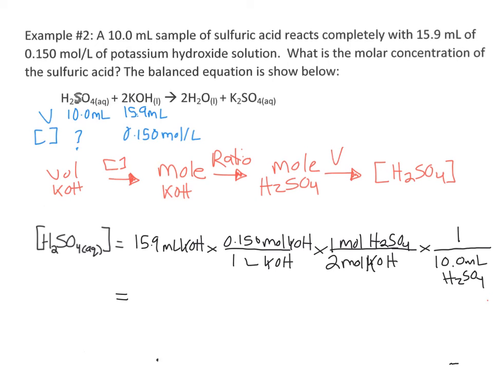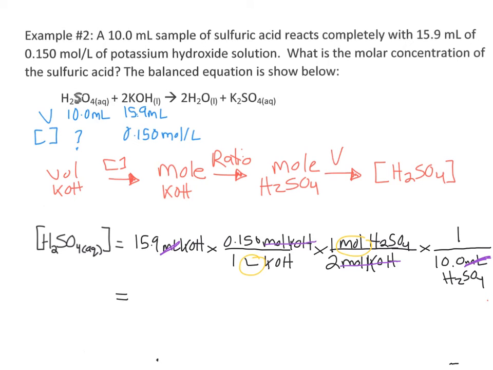The answer is no, because this mL here is going to cancel out this mL here. And once we look at all of our other units, our mole of KOH, our mole of KOH gets canceled out, and it leaves us with the units we're still looking for, mole per liter.